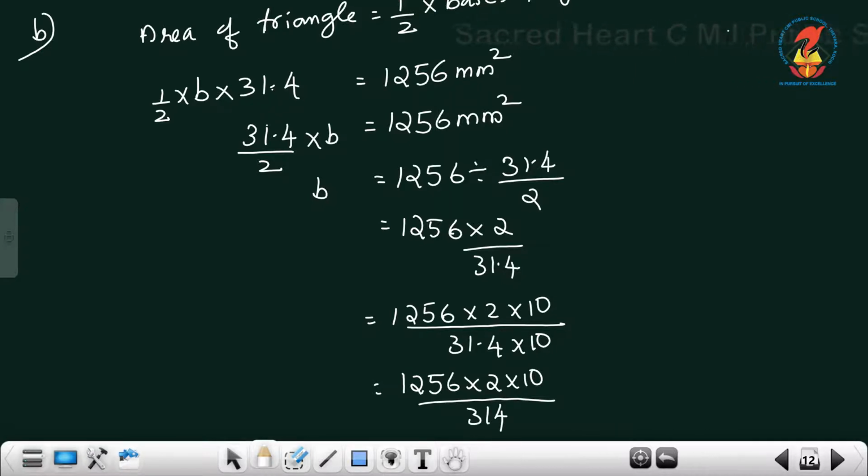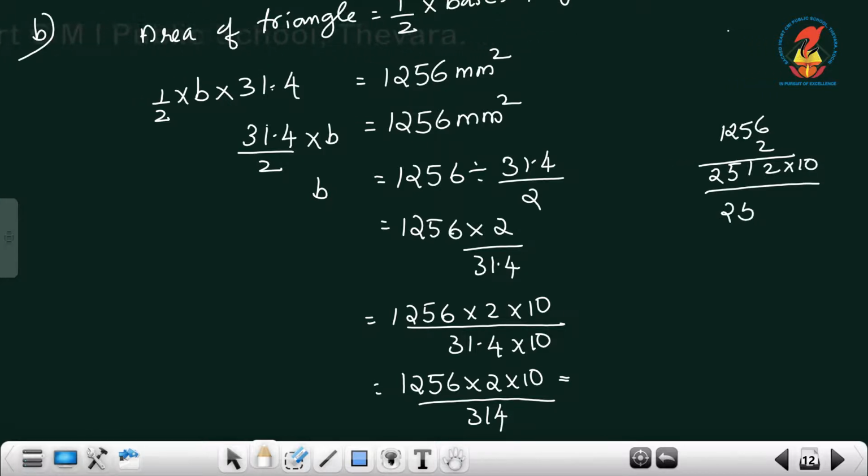Here, 1256 into 2 into 10, what is it? 25120. Okay, this divided by 314. 25120 divided by 314.